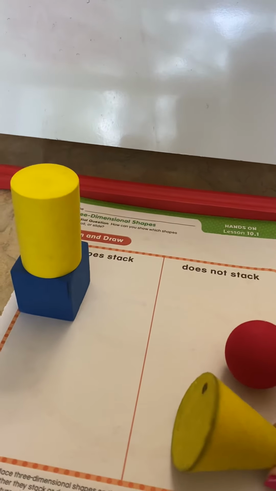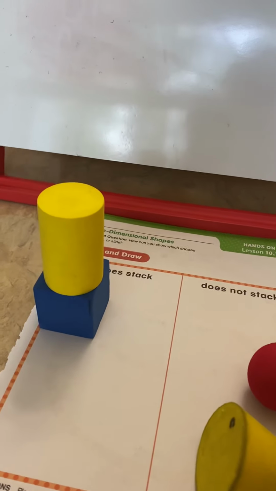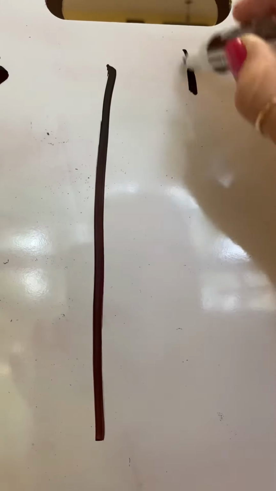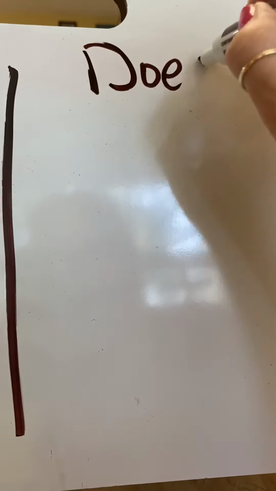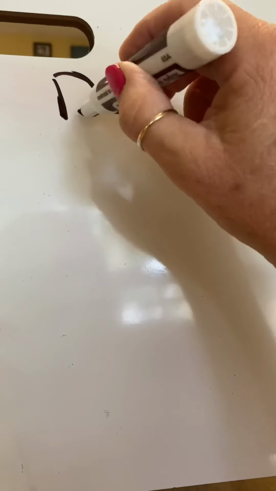Now, what I'm going to do is I'm going to show you how you can draw these shapes. So if I want to draw a cylinder for the does stack column, does not.